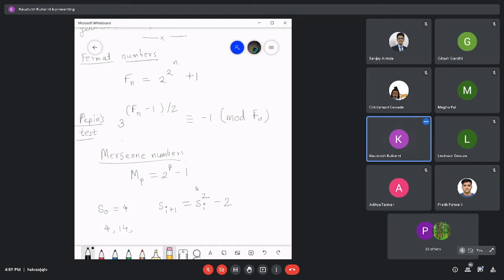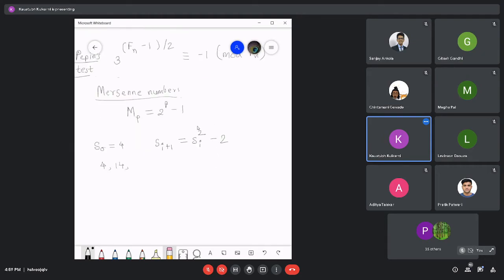Then S2 is 14 square minus 2, it is 194. This is the sequence.